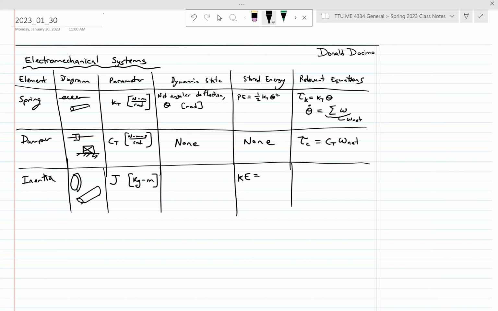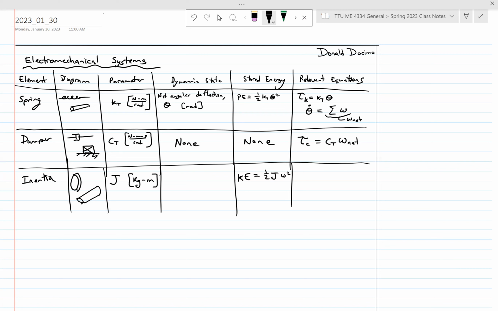What do we think kinetic energy is going to equal in this case? One half omega squared J, right? Same pattern that we've always had.